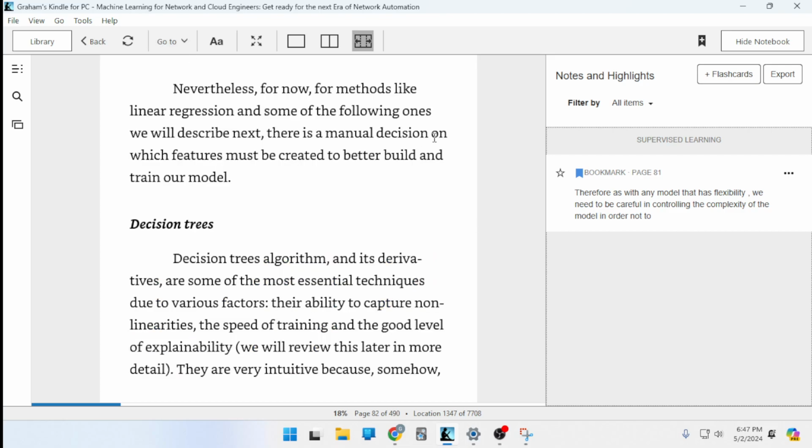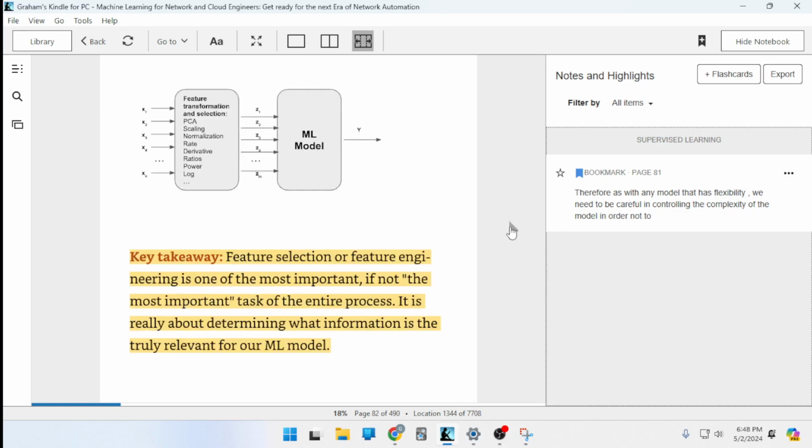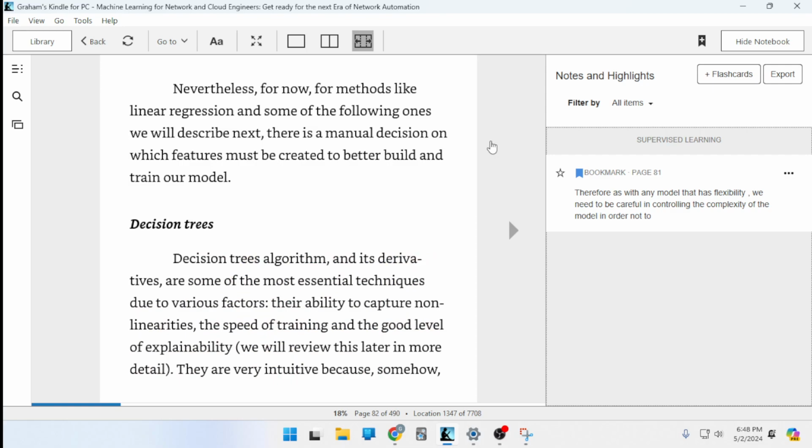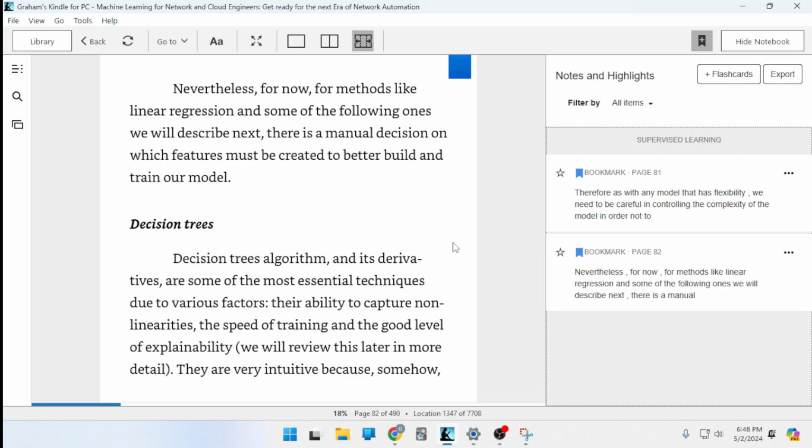And the author is from Spain, so there's a little bit of editing things, but more or less the meaning is there. Nevertheless, for now, for methods like linear regression and some of the following ones we will describe next, there is a manual decision on which features must be created to better build and train our model.